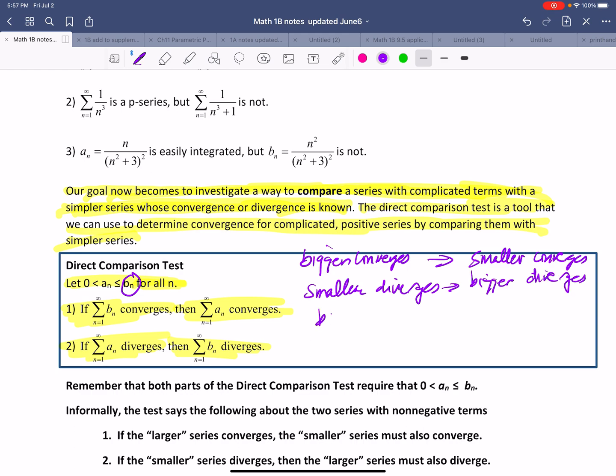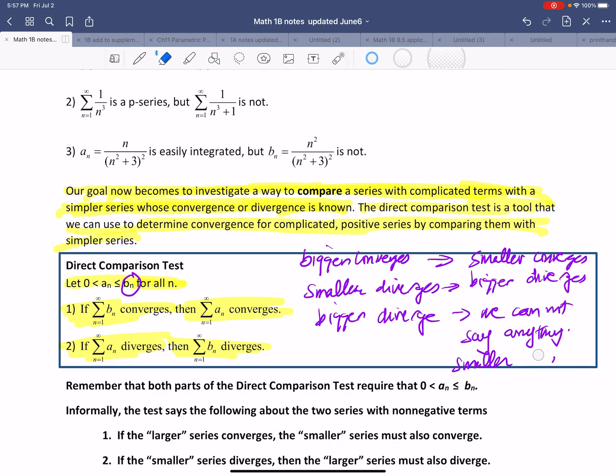But if the bigger one diverges, we cannot say anything about the smaller one. The smaller series might diverge or converge. We cannot say anything about the convergence or divergence of the smaller series if the bigger one diverges. Okay, so keep that in mind.